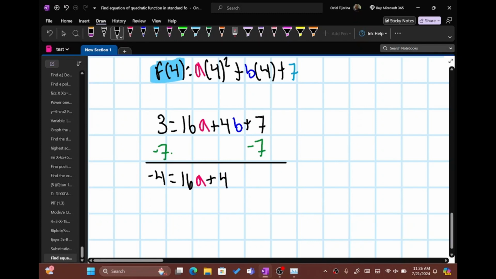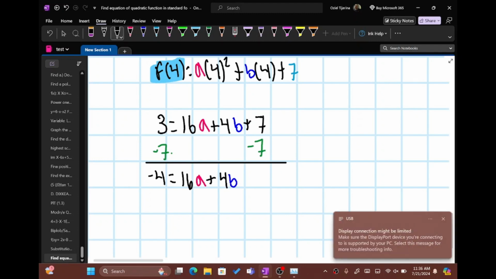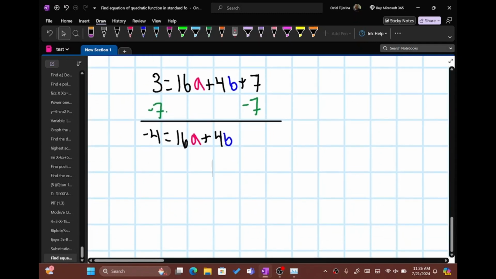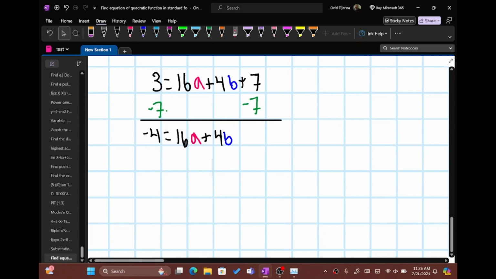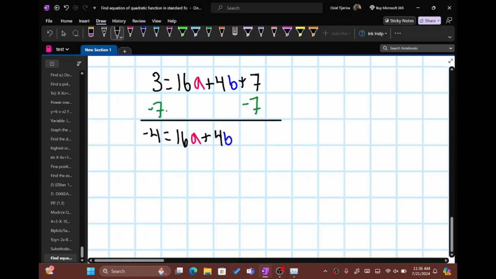Here we want to do a system of equations, guys.